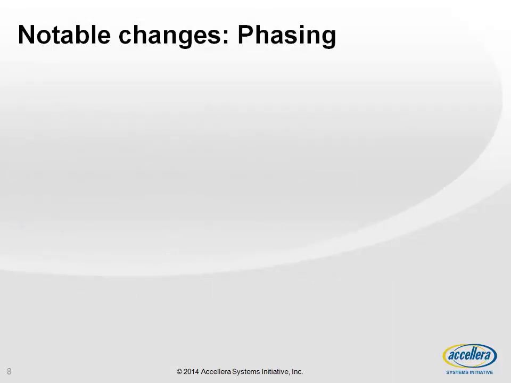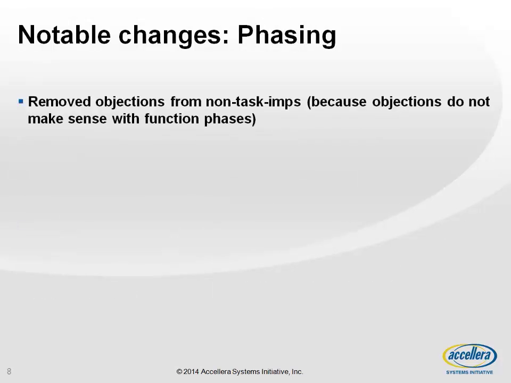Phasing. We removed objections for non-task imps. What does it mean? If you envision the whole phasing tree, the phasing nodes, the phasing imps, all the different things, it was possible to raise objections in any place. You could raise an objection to build phase, which is a function phase. You cannot object a function. It doesn't make any sense.